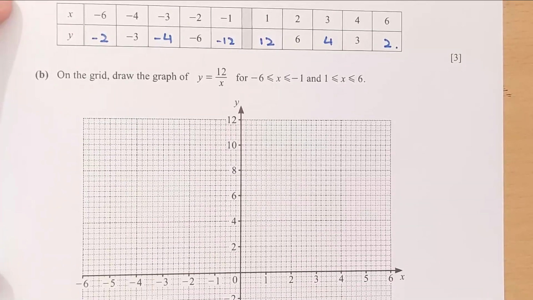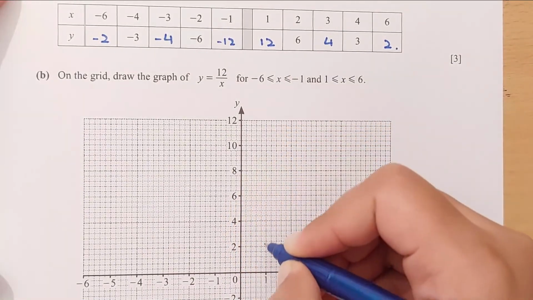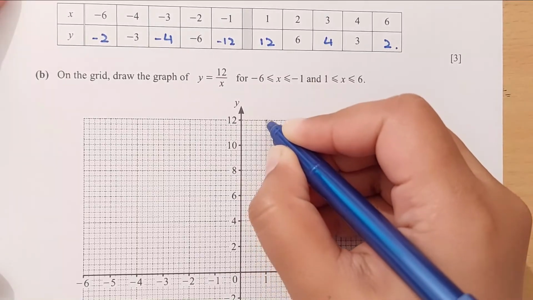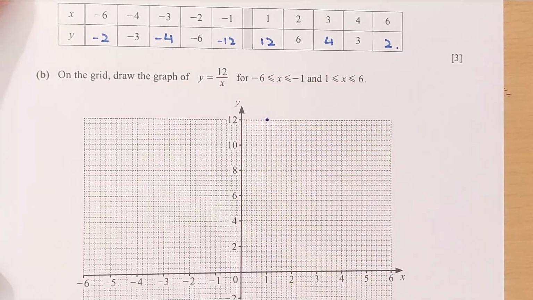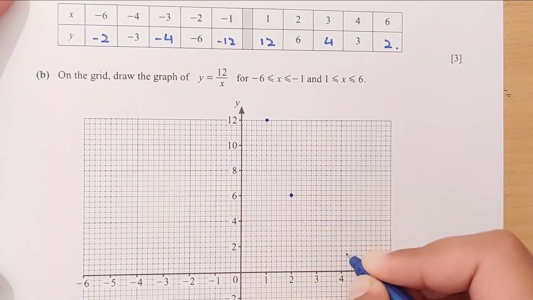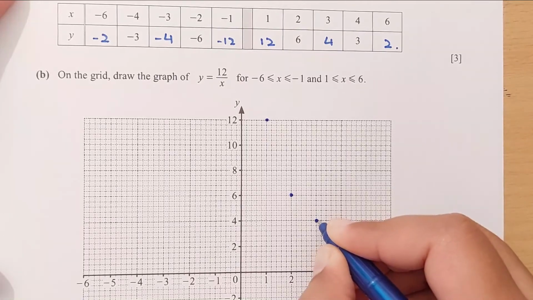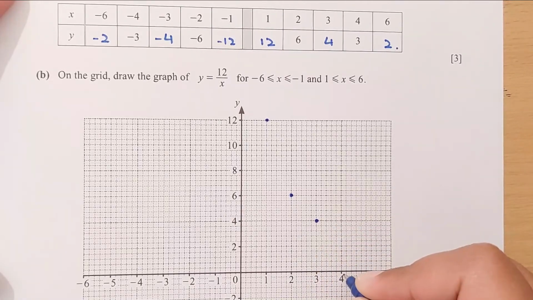Now for 1, it is 12. When x is 1, y is equal to 12, this point. When x is 2, y is 6, this point. When x is 3, y is 4. When x is 4, y is equal to 3.